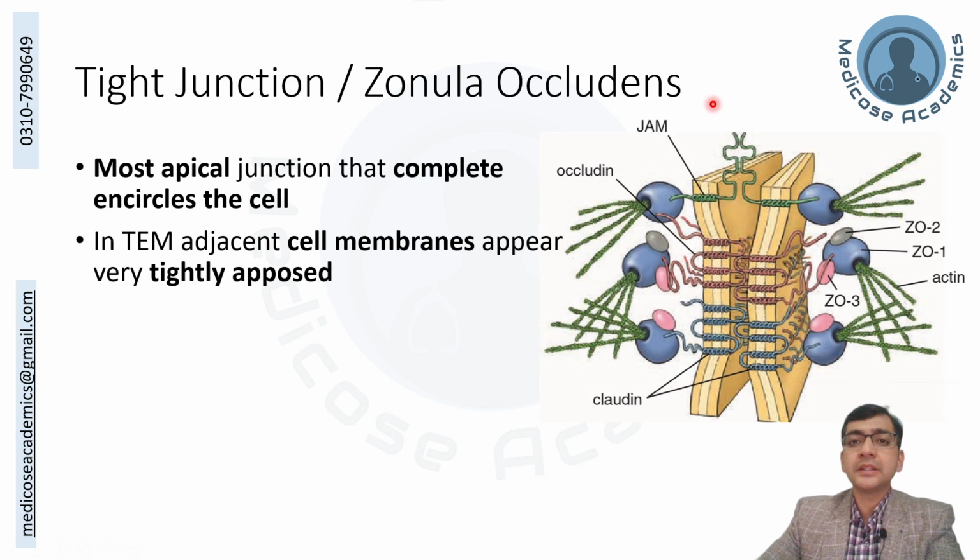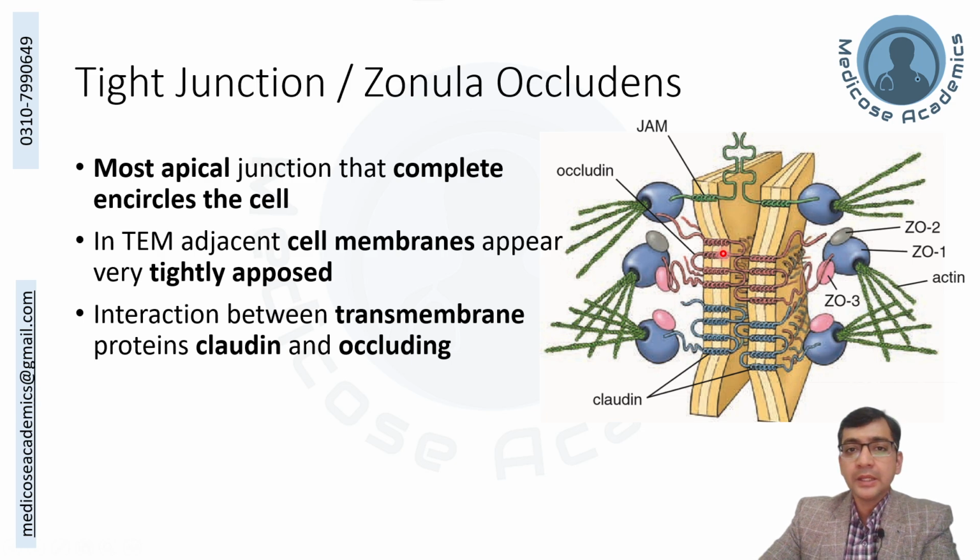And as we saw, it has three parts. The first part is the transmembrane protein, the one that is shown here. Different proteins can be there: it can be claudin, it can be occludin, there is a gem protein. At this level we are not going to go into the ultrastructure of this protein, but you have to get an idea that this is a protein that goes through and through the cell.